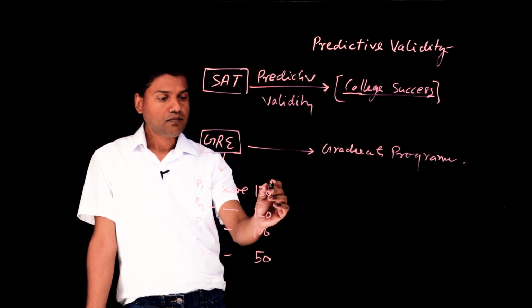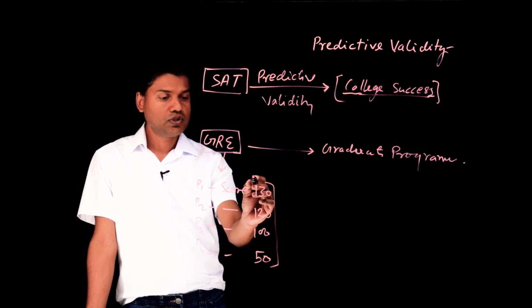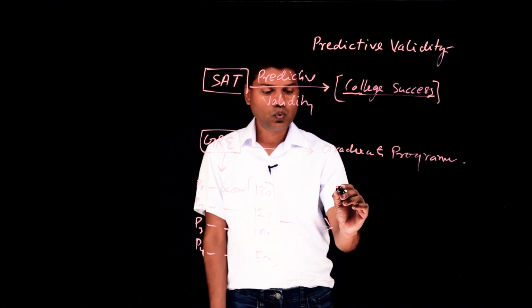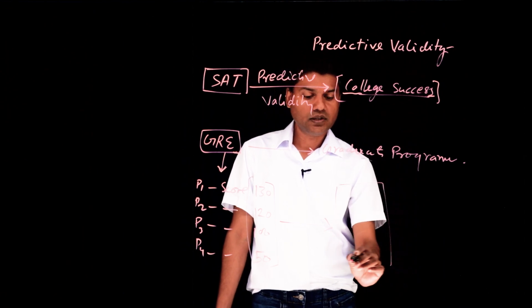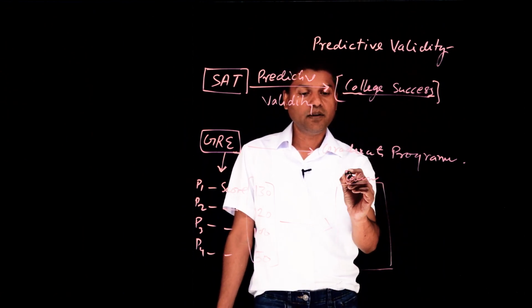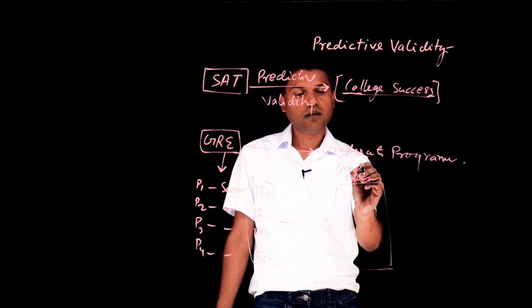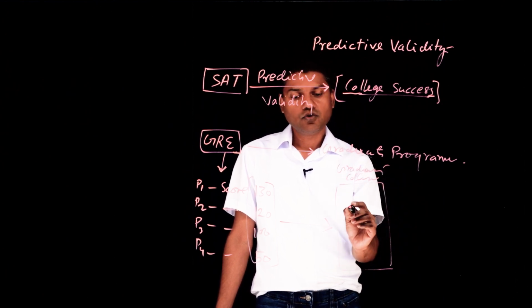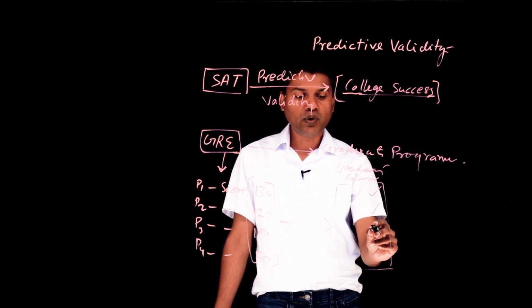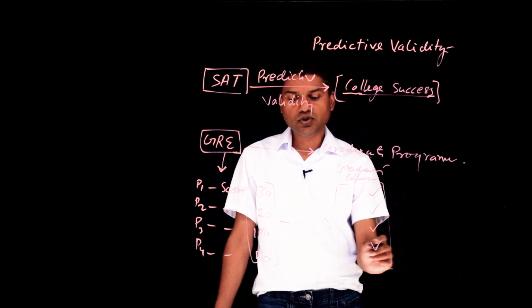Now, these scores are correlated with the success in graduate programs. So what is their success? Are they really doing well? Are they not doing well? And you see the correlation.